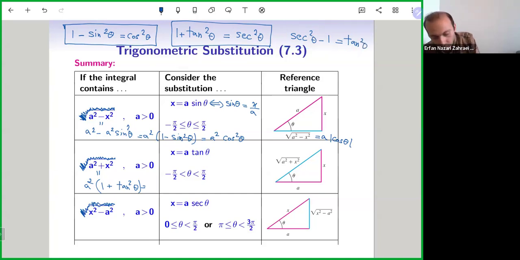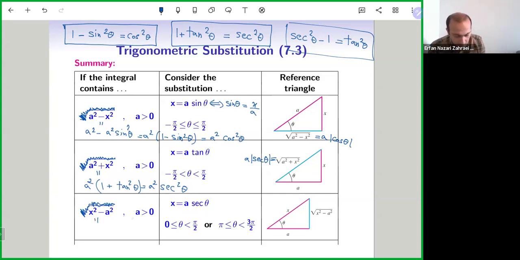Then 1 plus tangent squared is secant squared. Using that identity, that is a squared secant squared. So this term is the root of this, which is a times the absolute value of secant. The same here.